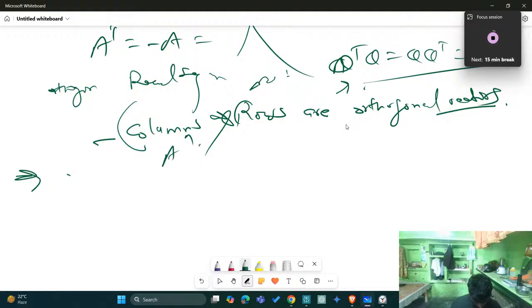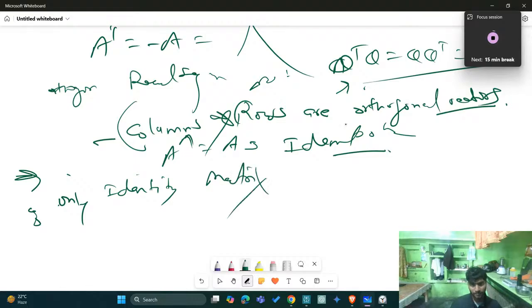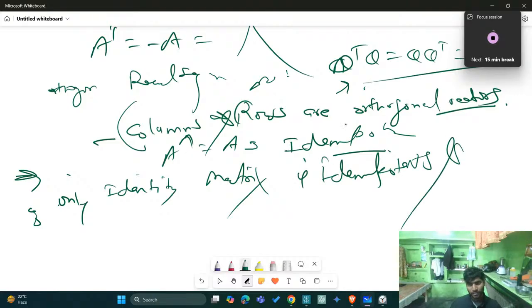A to the power n is equal to A. We call this matrix idempotent. Idempotent matrix. One more thing: only the identity matrix is both idempotent and invertible.